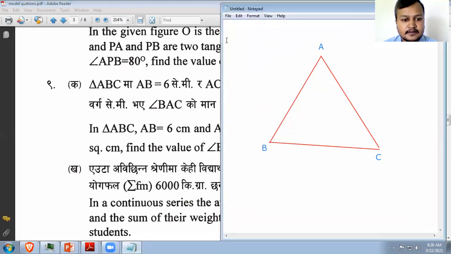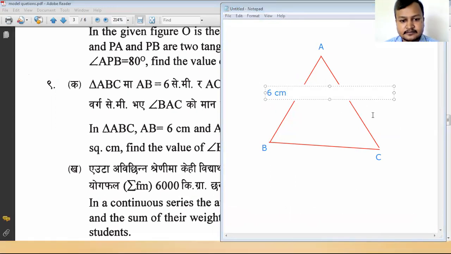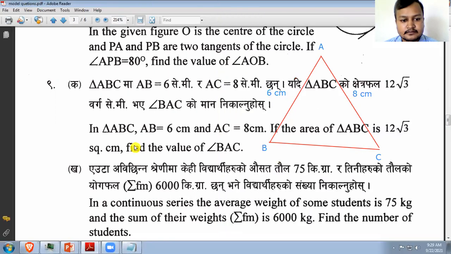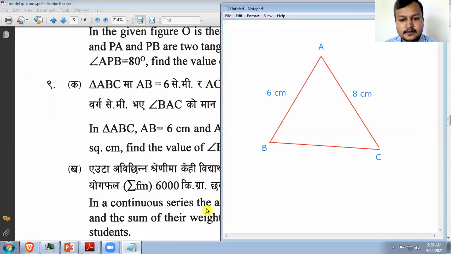AB is 6, AC is 8 centimeter, and area is 12 root 3.